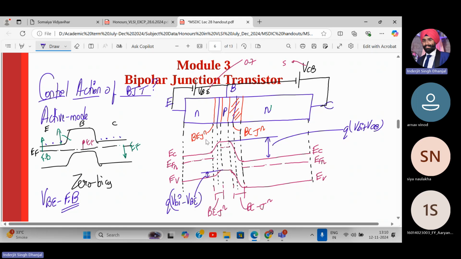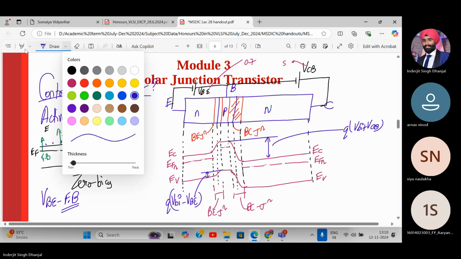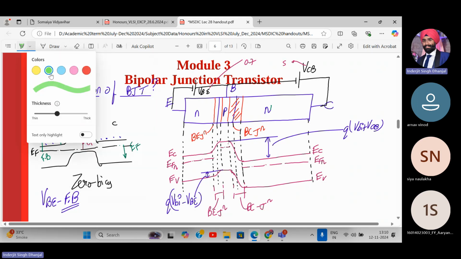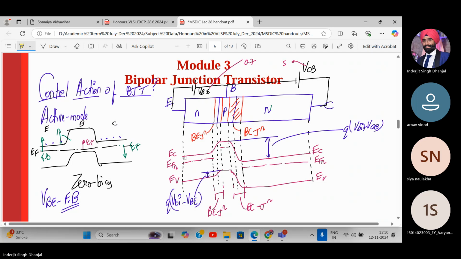But in this energy band diagram, how can the electron travel? Easily, right? From the emitter, they can topple this barrier, which is a small barrier, and go over here. Got it? Similarly, holes from the valence band on this side can go to the other side.